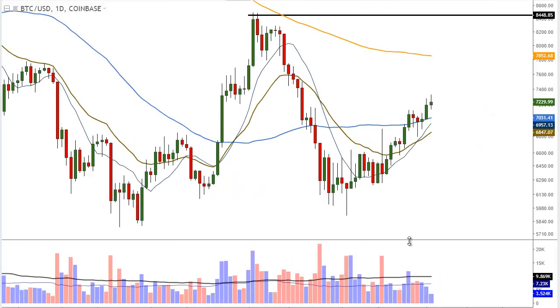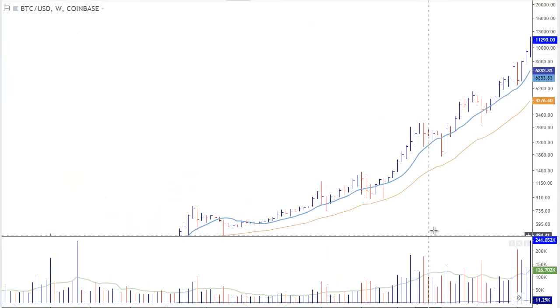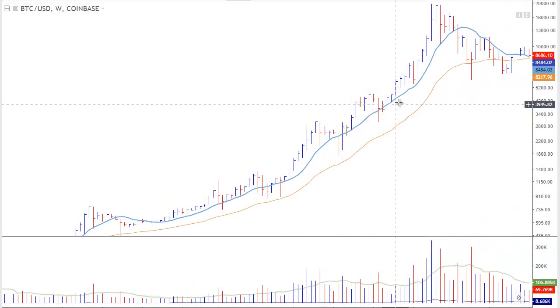So let's move on to this week's lesson on how we use the 10 and 40 week MAs on a weekly chart to identify the trend. So going back to 2017 on the weekly chart of Bitcoin, we see the 10 and 40 week moving averages both pointing higher, with the price action holding above the 10-week MA. This is a great example of what we like to see in an uptrend.